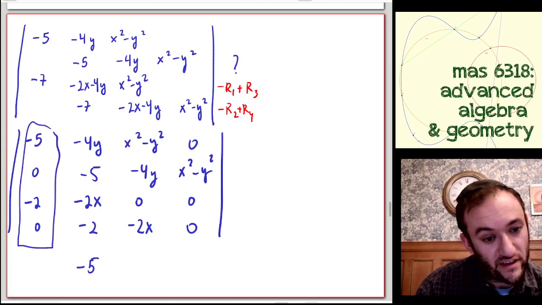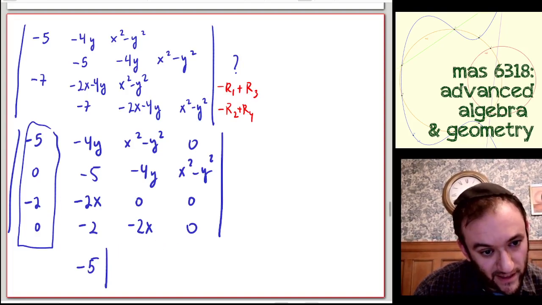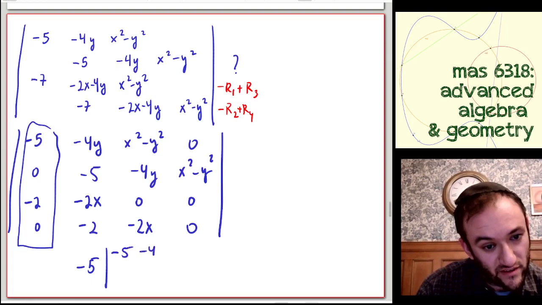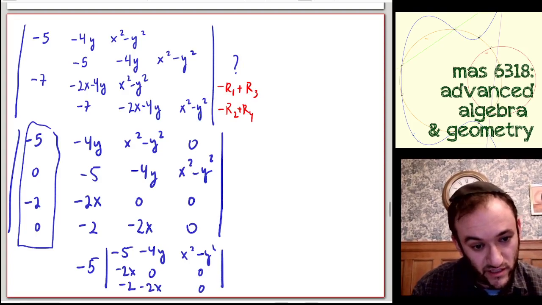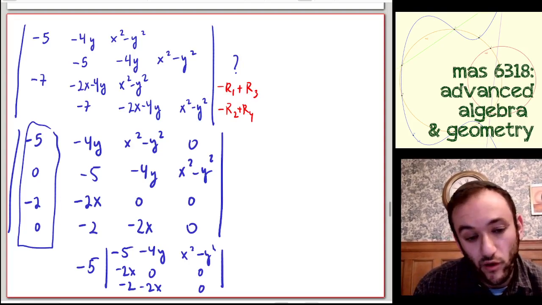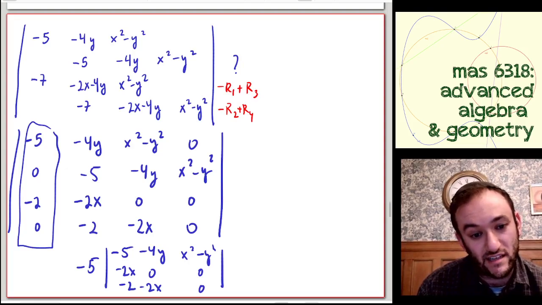So we have minus 5 times minus 4y, x squared minus y squared. Sorry, no, we don't get that. Just like this: minus 5, minus 4y, x squared minus y squared, minus 2x, 0, 0, minus 2, minus 2x, 0. Okay, but this determinant is really easy because there's only one product that doesn't vanish, and that's minus 2x times x squared minus y squared.